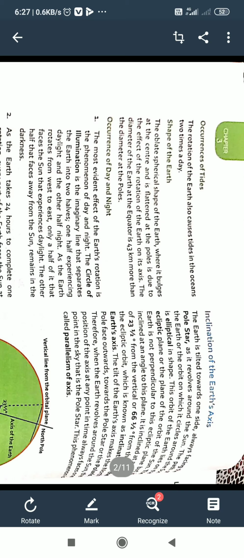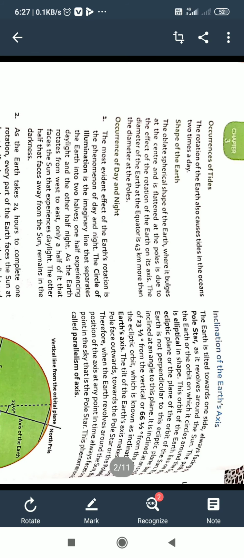Next student, I am going to teach you about perihelion. The orbit is not exactly circular, so the sun is not centrally placed within it.